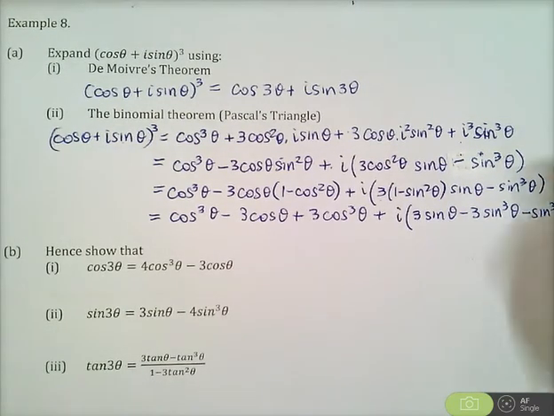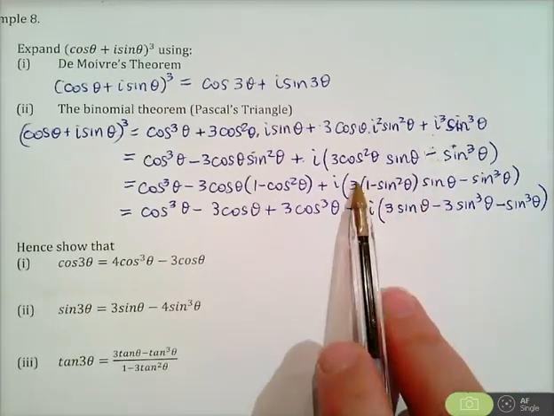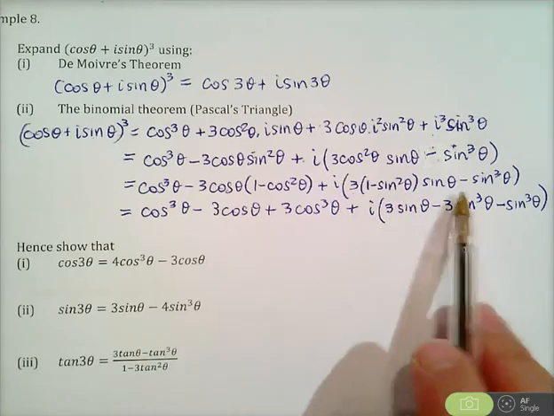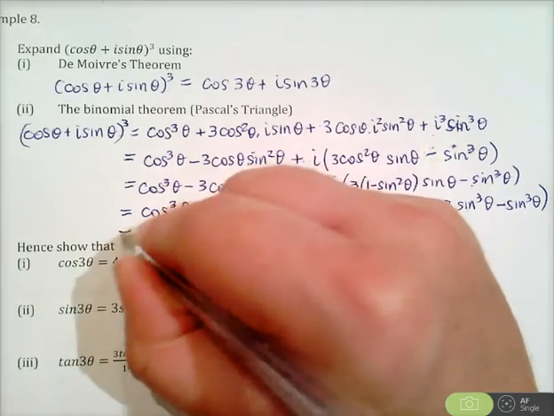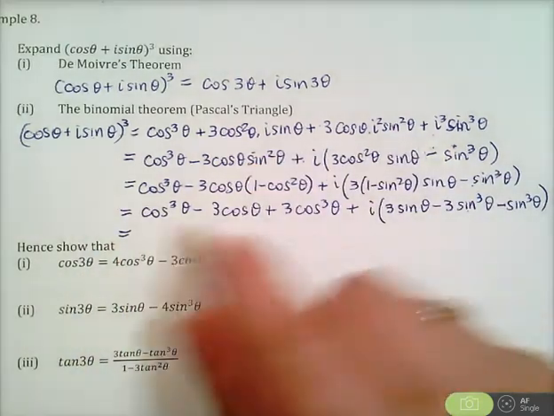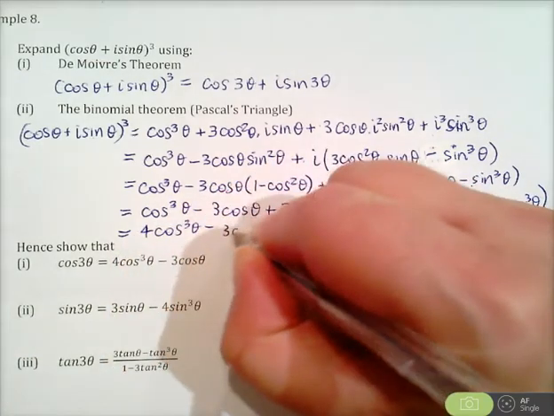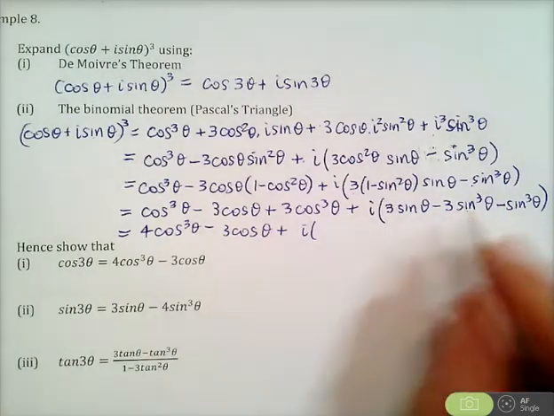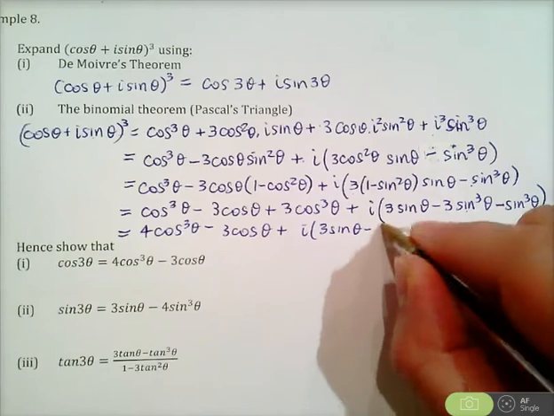We're just expanding this; remember the sine theta could go in the front, so we've got 3 sine theta minus 3 sine cubed theta minus sine cubed theta. That is equal to 4 cos cubed theta minus 3 cos theta plus i times (3 sine theta minus 4 sine cubed theta).